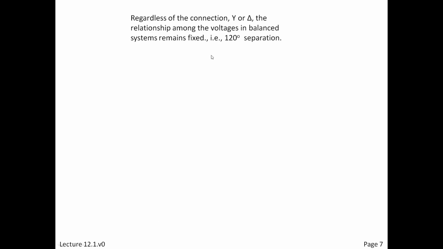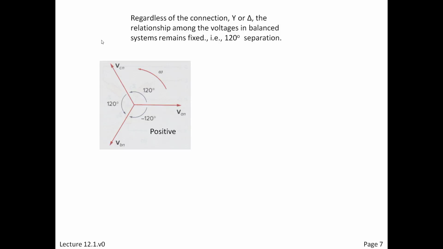All right, so regardless of the Y or delta orientation, the relationship among the voltages in a balanced system, so I'll keep saying balanced because that means a lot, as you'll see when we do some simple calculations here with various arrangements. Nevertheless, the sources always remain separated by 120 degrees.